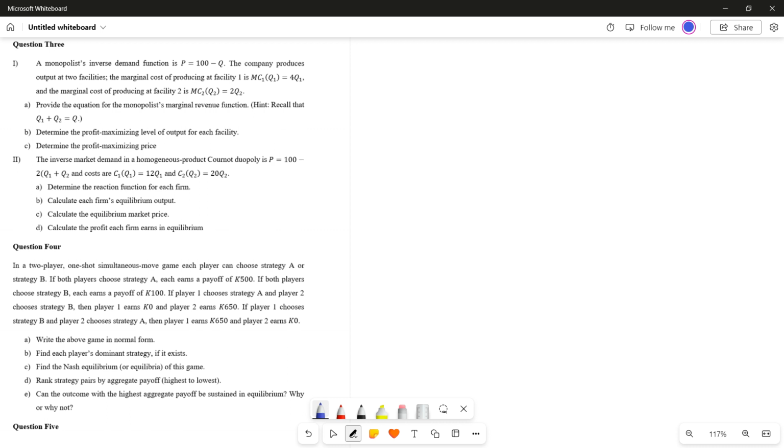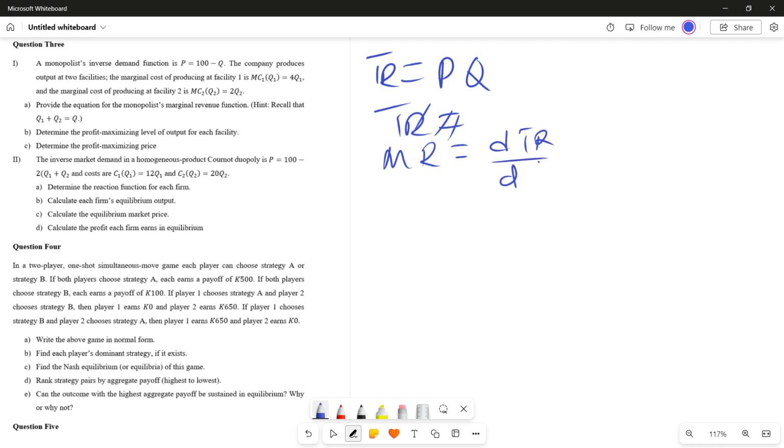You get total revenue, which is just price times quantity, then you differentiate it to get the marginal revenue, which is the derivative of total revenue with respect to Q. Then you equate it to marginal cost and make Q1 the subject of the formula, which gives the reaction function for firm 1. Then we do the same for firm 2.